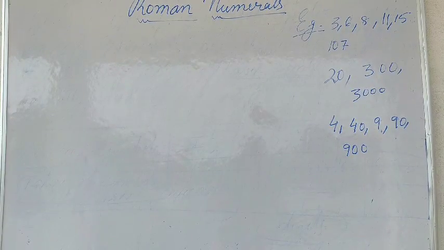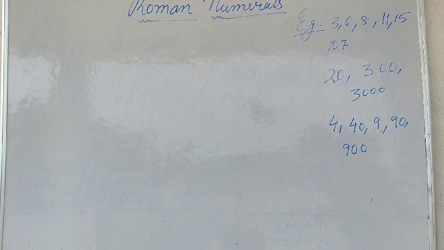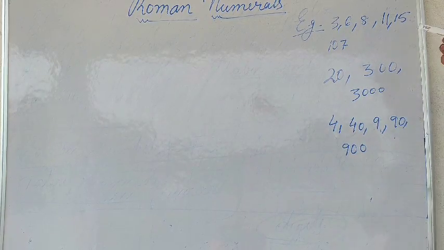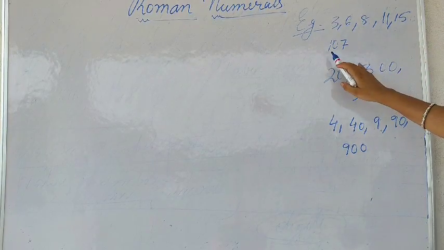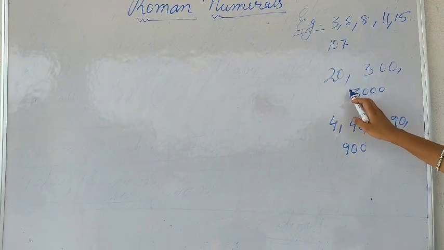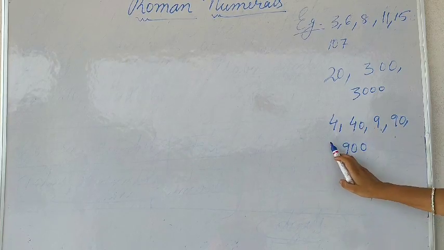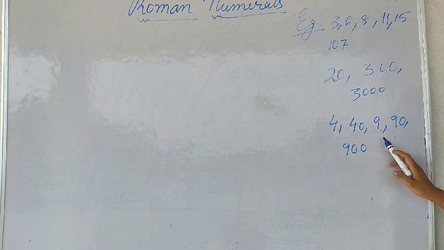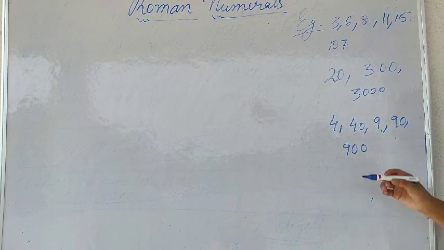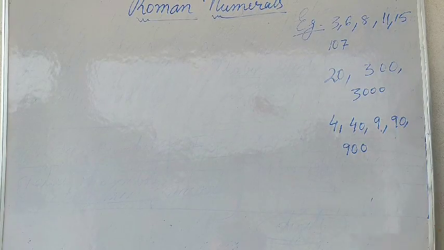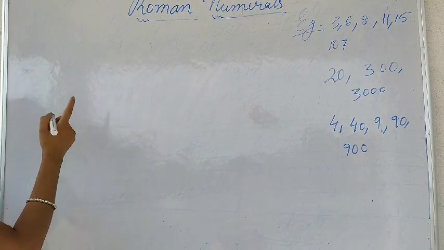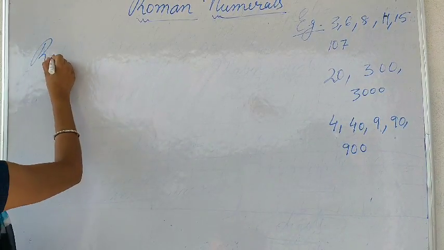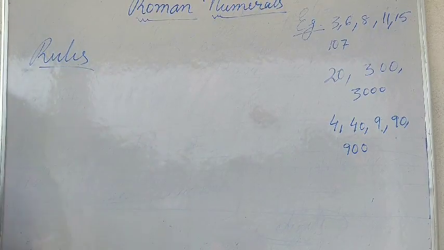So now take some examples: 3, 6, 8, 11, 15, 107, 20, 300, 3000, 4, 40, 9, 90 and 900. How can we write all these numbers in the Roman number system? We can write these numbers by using 3 rules.